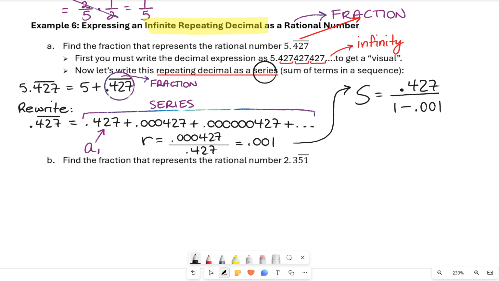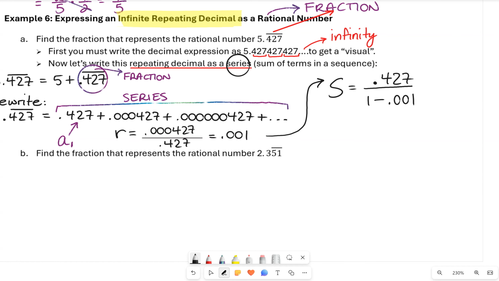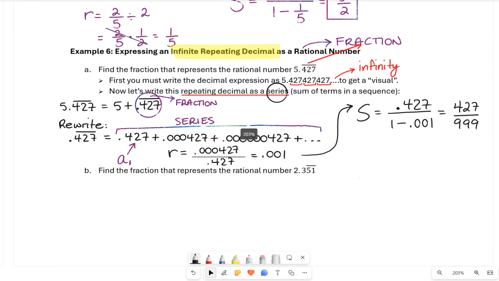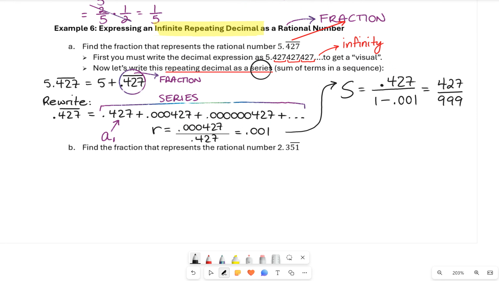And when I put that into the calculator and convert it into a fraction, I'm going to end up with 427 over 999. Now, don't forget that that was just the series piece, right? The S equals 427 over 999. That was just this piece, okay?